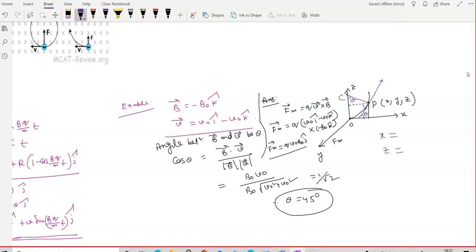Just do it, just the way we did in the previous sum.